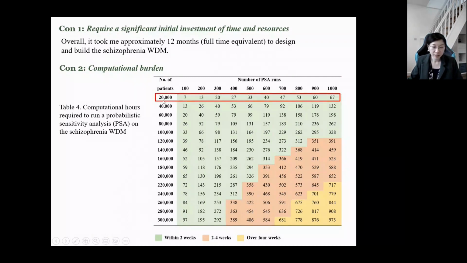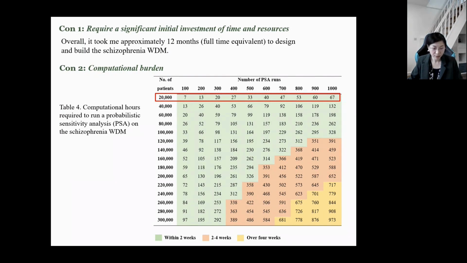So as we can see, if we want to include at least 20,000 patients in one model run, and we want to run 100 PSA runs, that will take 7 hours. And if we want to increase the PSA runs to 1,000, that would increase the computational time to 67 hours. Also, just to let you know, there is no gold standard in terms of how many PSA runs are required.